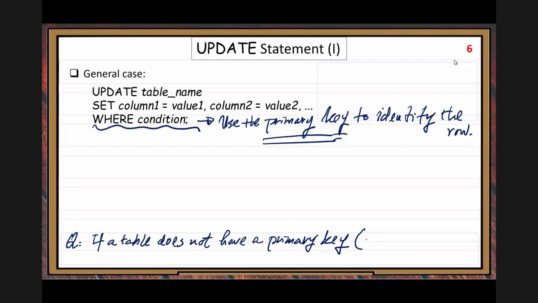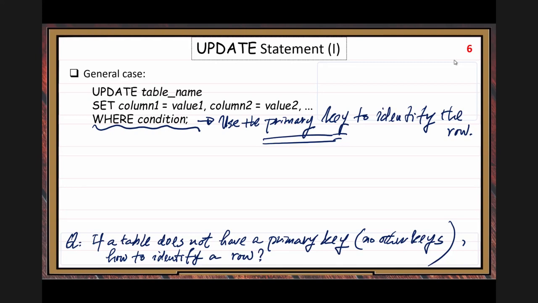So here we even assume no other keys. The question: how to identify a row? That's the technical question.